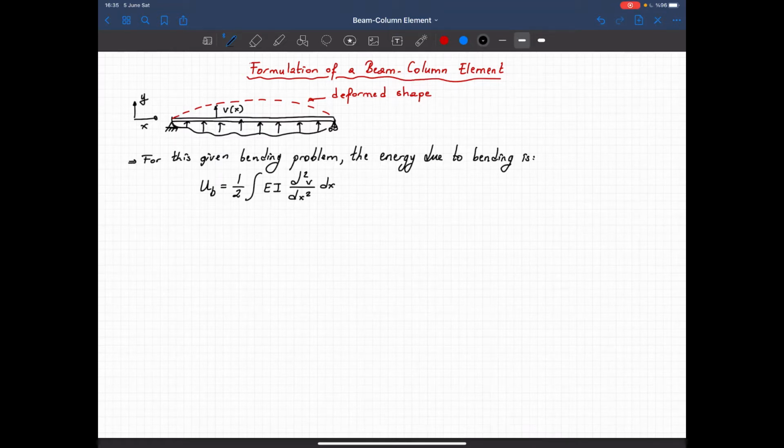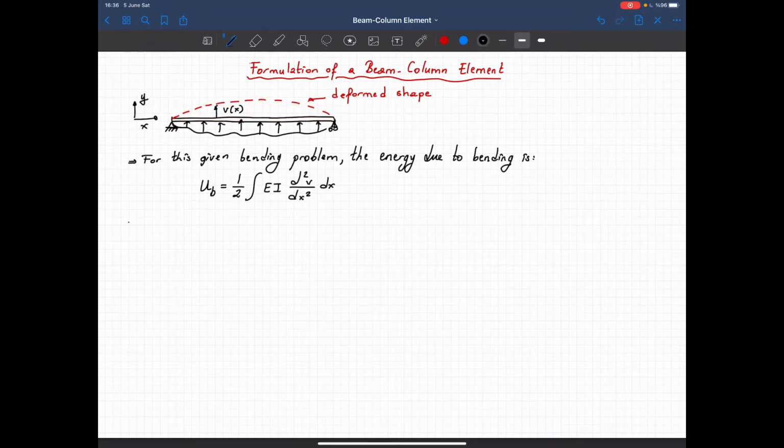Now in all our beam element formulation, we said that the length of the beam is equal to the length of the deformed beam. We just assumed that the deformations are small, and said that these two lengths are equal to each other.